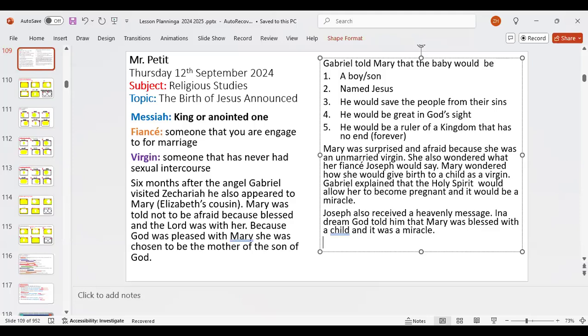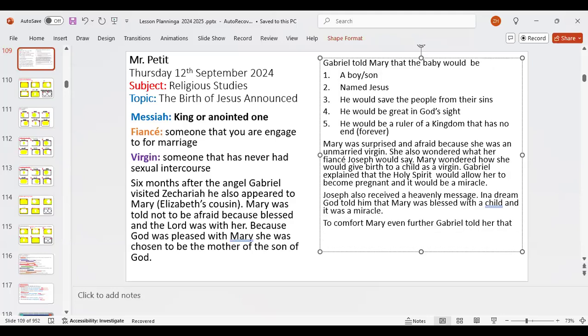To comfort Mary even further, Gabriel told her that Elizabeth, her cousin, was 6 months pregnant.